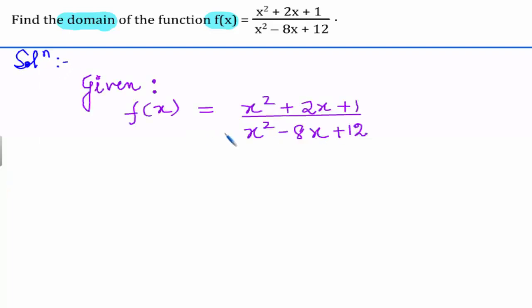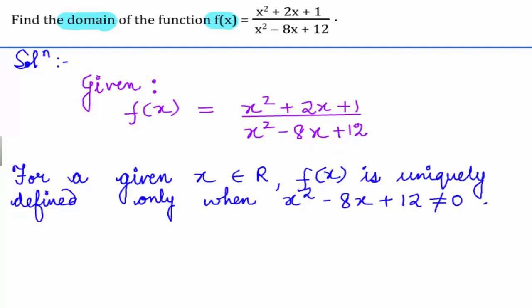Here we have the given function x squared plus 2x plus 1 by x squared minus 8x plus 12. Now, for a given x belonging to the set of real numbers R, f of x is uniquely defined only when the denominator of this function, that is x squared minus 8x plus 12, is not equal to 0.